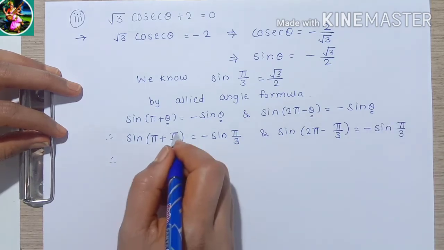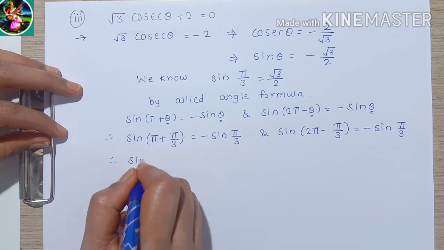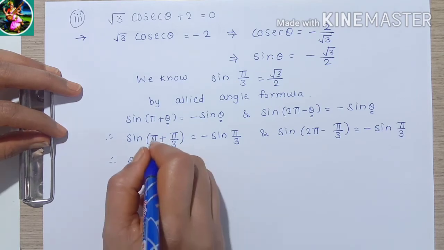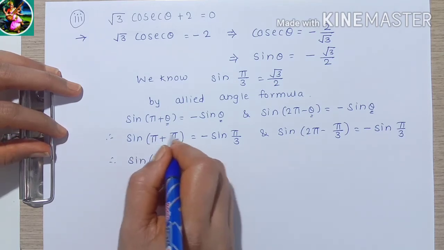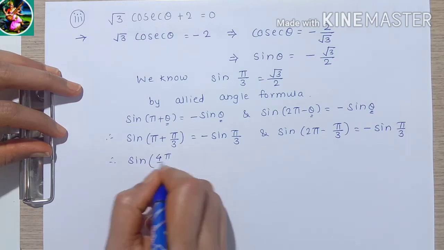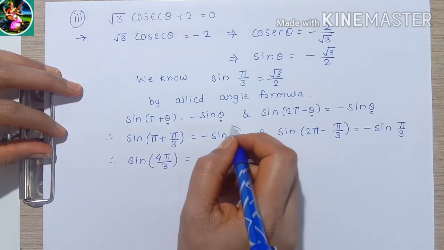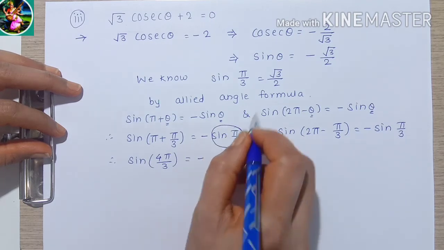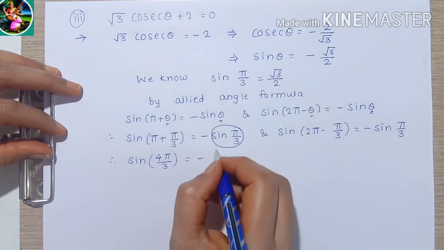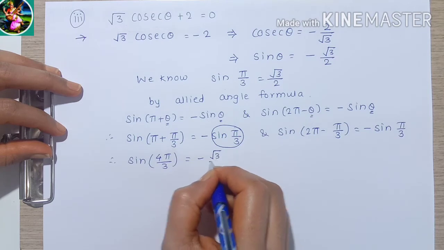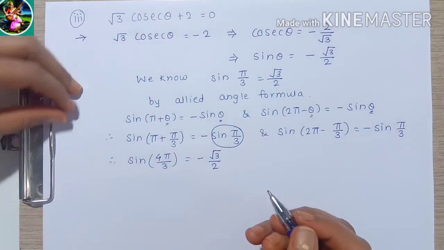Therefore, taking cross multiplication, sin of pi into 3, that is 3 pi plus pi, that is 4 pi by 3, is equal to minus as it is, and we substitute the value of sin pi by 3, that is root 3 by 2. Here we write minus of root 3 by 2.